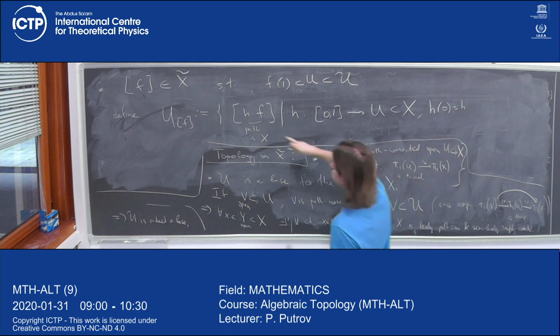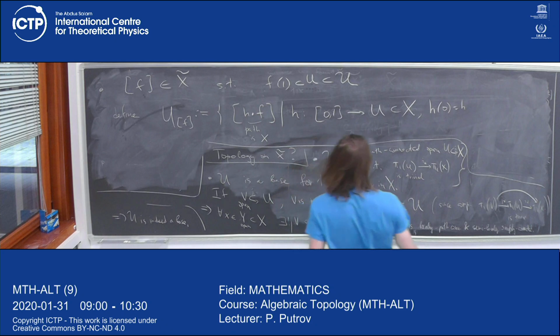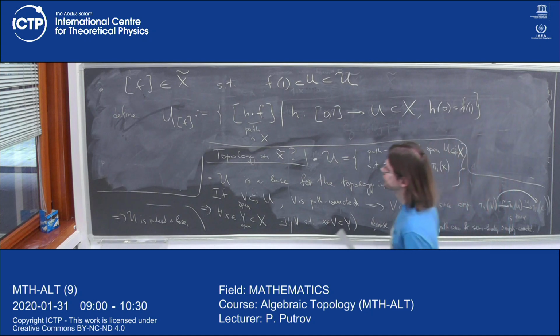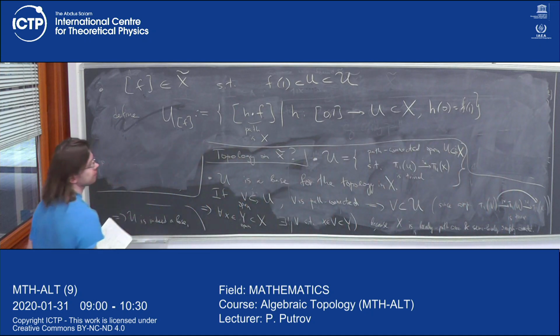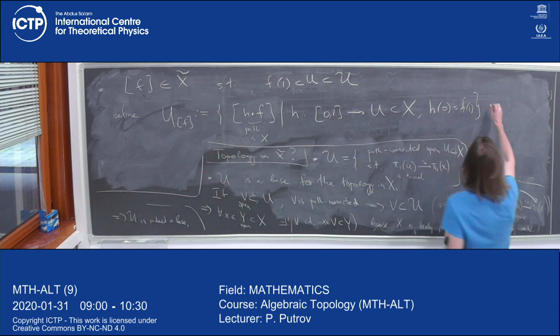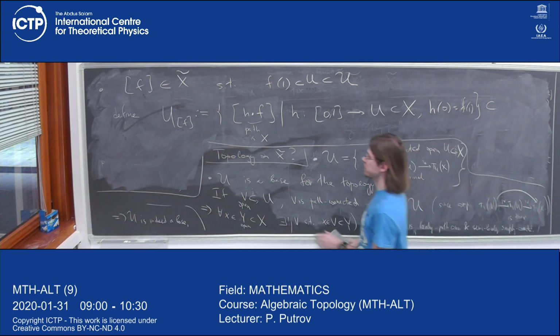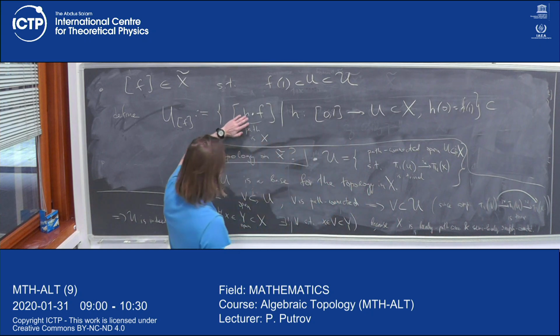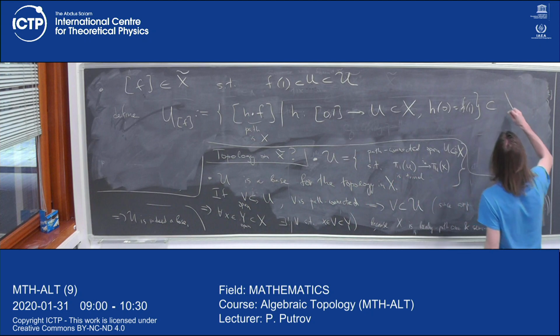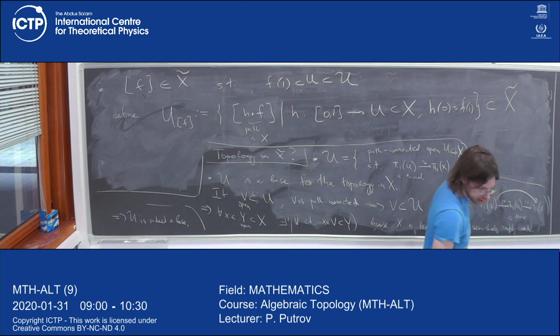So of course, in order to do this composition, we will define that H of 0 should be the same as F of 1. Since the elements here are homotopy classes of paths in X, this is a subset in X tilde.